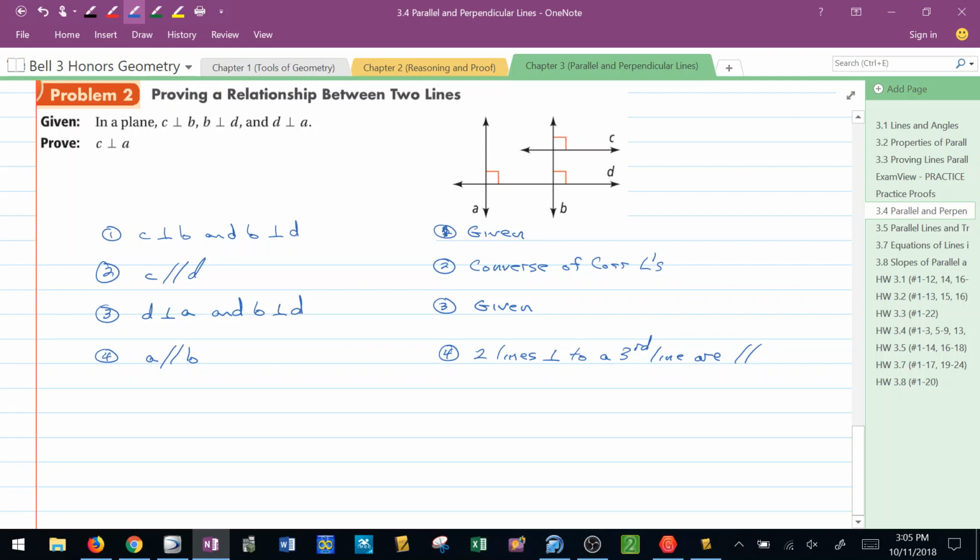All right. So how am I now going to tie these together and try to prove that C is perpendicular to A? What are you thinking?